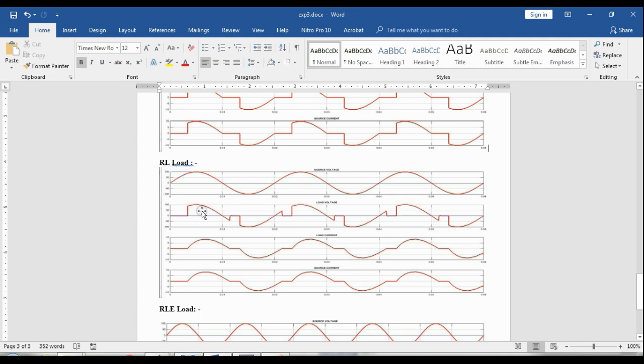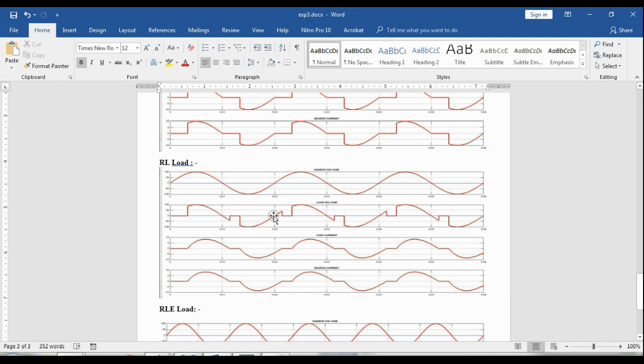Next, coming to RL load, you can see that even though the voltage is negative, thyristor T1 is not turning off because of the inductor effect. So it will be negative until the current in the inductor is 0. After that it will return to its V equal to 0 state. Next it is triggered on the negative side by T2.